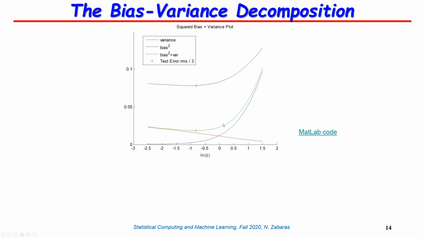You get the curve that you see here, and with the cross I have indicated the location that has the minimal bias squared plus variance. So you can select the log lambda at the location where bias squared plus variance becomes minimal.